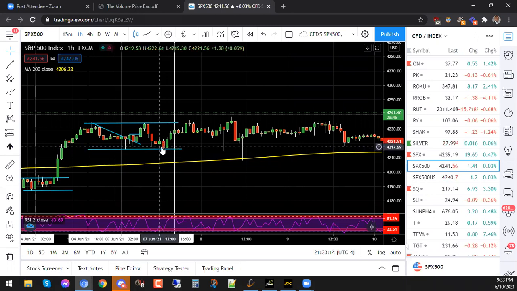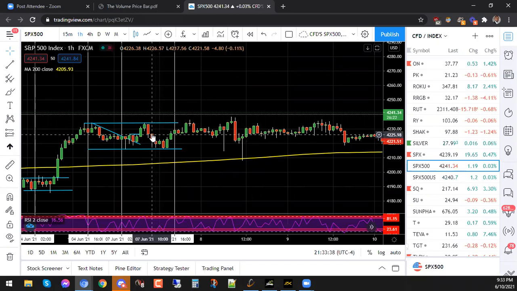So by the close of this red bar, we would want to be out of the market, right? Because this red bar is closing at 12 p.m. Eastern Standard, which is the open of this green one, right? So around this time, you want to be out of the market.